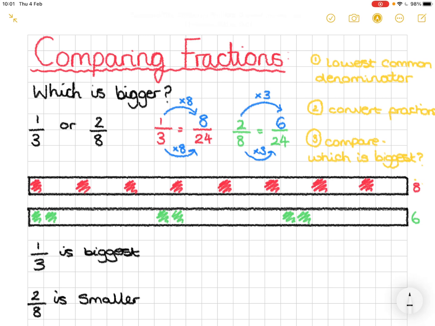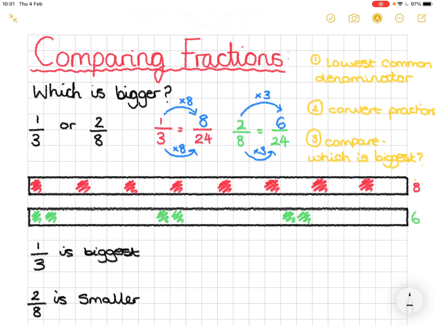So just to recap, when comparing fractions which have different denominators, you need to find the lowest common denominator. So that is the lowest multiple which is appropriate to both denominators. You then need to convert those fractions, so find their equivalents using the lowest common denominator. So there is a direct link between step 1 and 2.